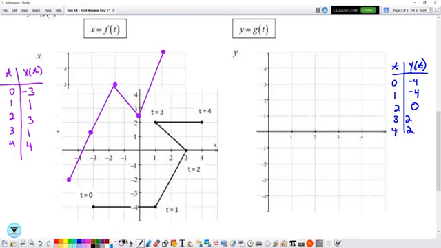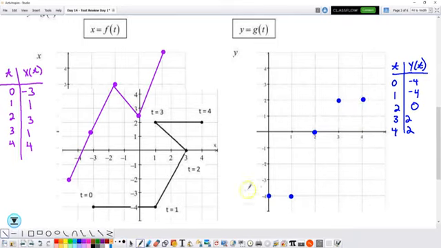So when I go to plot those, I've got 0, -4, 1, -4, 2, 0, 3, 2, and 4, 2. I'll get them connected. And now we have a graph that separates the horizontal and vertical motion of the boat.